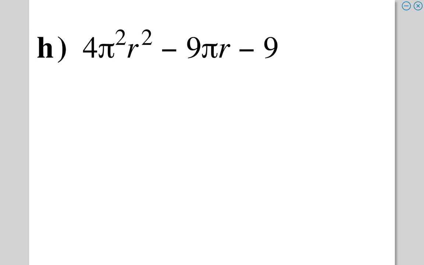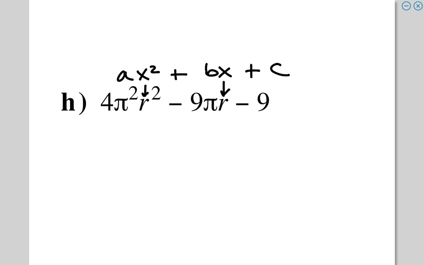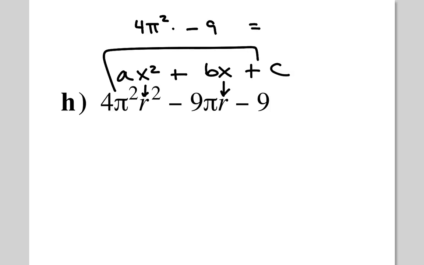Okay, so first of all, what's your x value in ax squared plus bx plus c? Which one is the x? R. Okay, so what's the a value? Okay, so the AC value would be 4 pi squared times -9, so you get -36 pi squared.